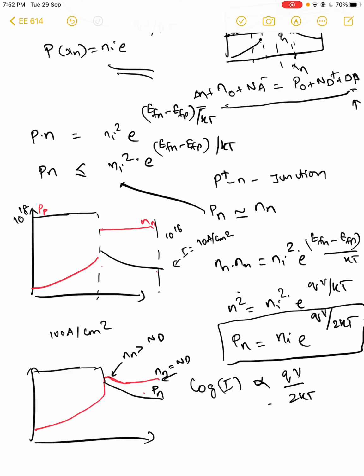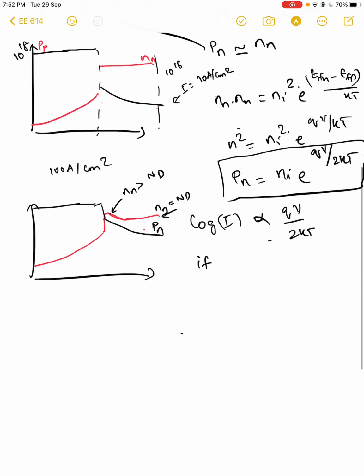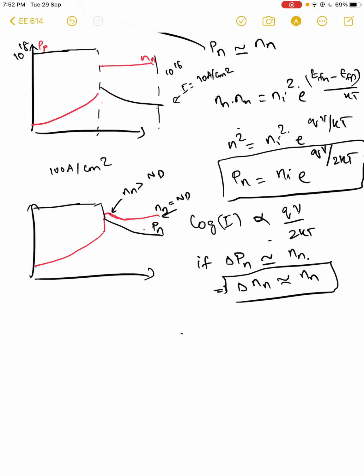So if Pn increases as much as Nn, that is if the hole injection density del Pn is almost equal to Nn, this will imply del Nn, the change in the majority carrier concentration, to be almost of the order of Nn, right? So this causes a noticeable increase in the majority carrier concentration over and above the actual doping density under high injection conditions.